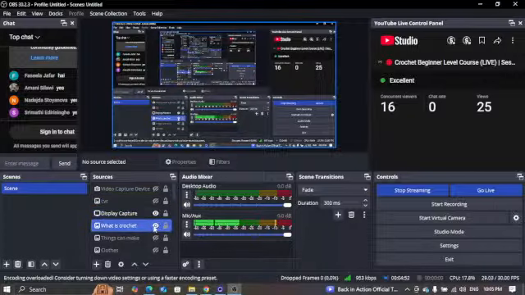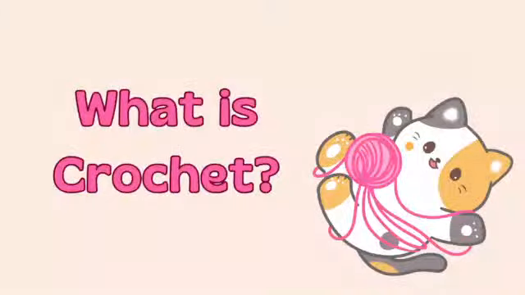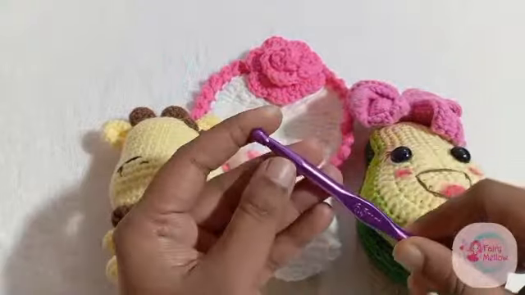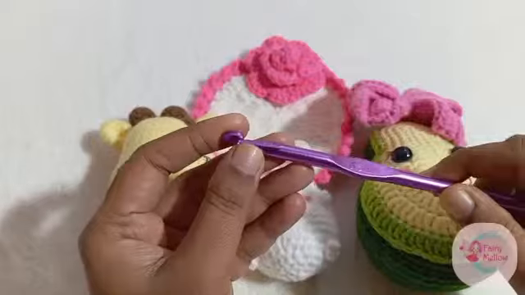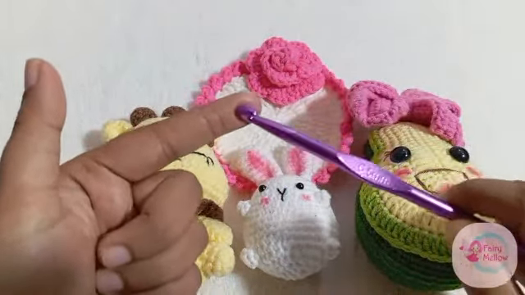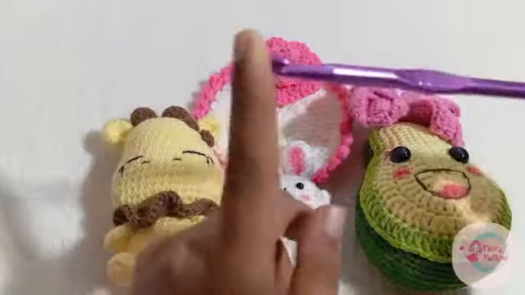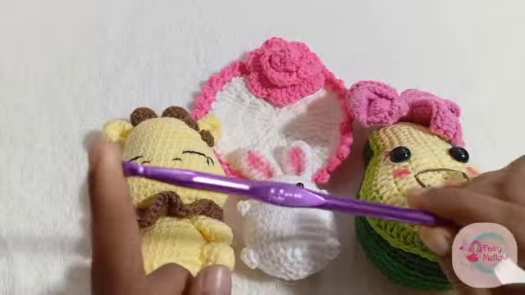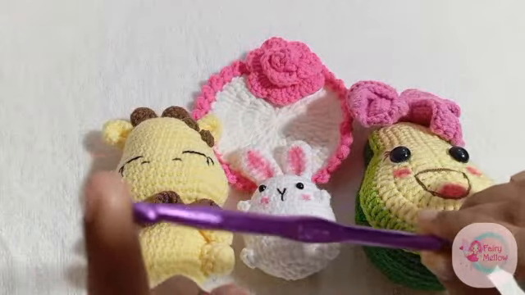We use a hooked needle. This is a hooked needle. You can see a hook at the end of this needle. This is the crochet hook we use to make items with the crochet technique.